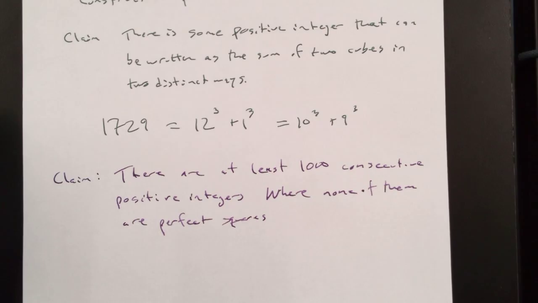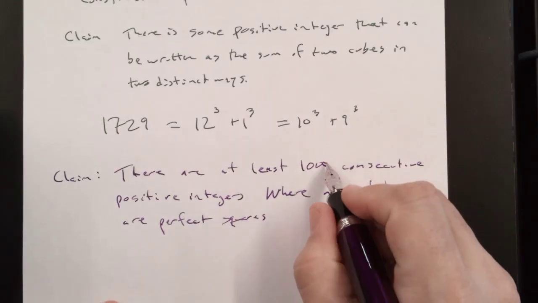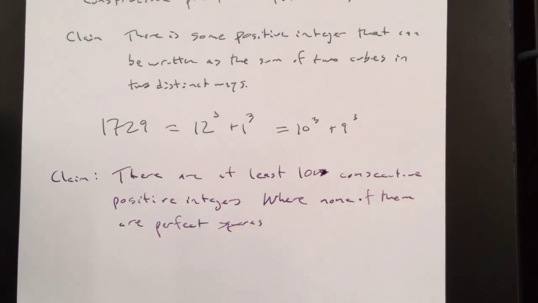By the way, this particular problem I can do both ways. I can do this by constructive proof, or I can do this by non-constructive proof. Oh, I wrote 1,000. That should be 100, not 1,000. Excuse me. I can do it for 1,000. I just haven't done that one yet.